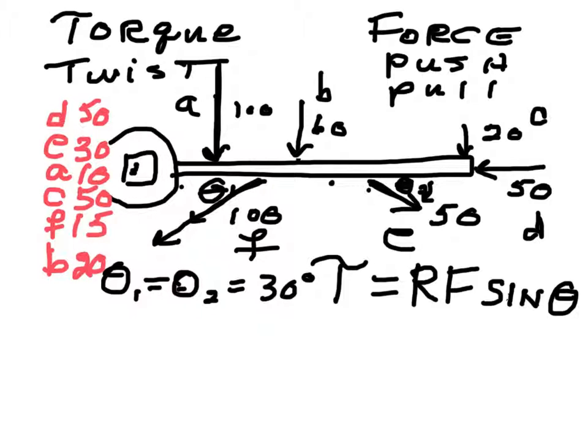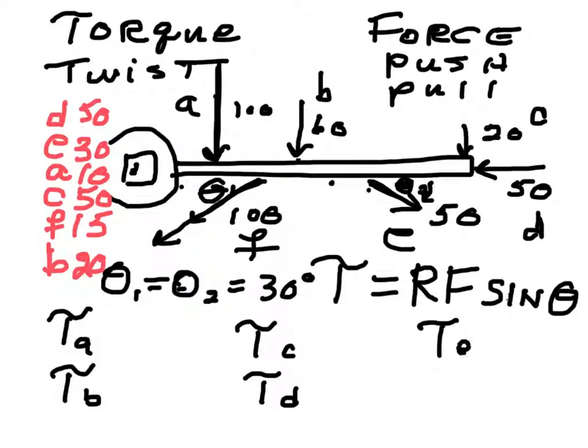So now I want you to calculate all the torques: torque A, torque B, torque C, torque D, torque E, and torque F. So calculate all 6 of those, write them down, and then come back and check in.